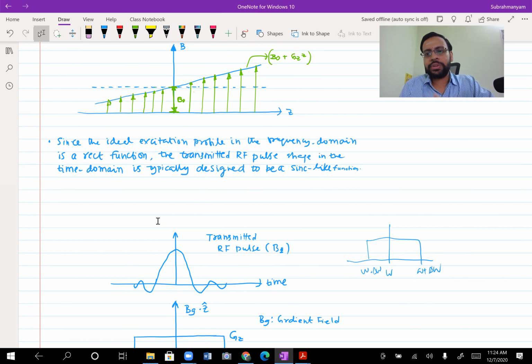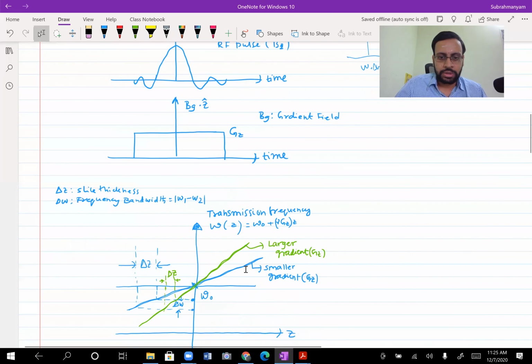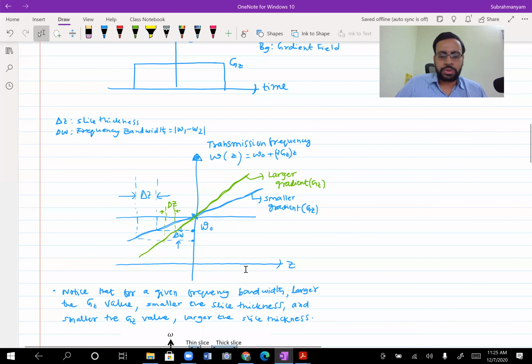You want something like a low pass filter, because from omega plus or minus delta omega is what you want. The rect function, we will come back to it very shortly. So you would transmit this pulse, making it tip, and then take the measurements.